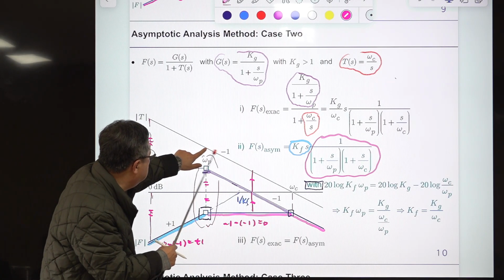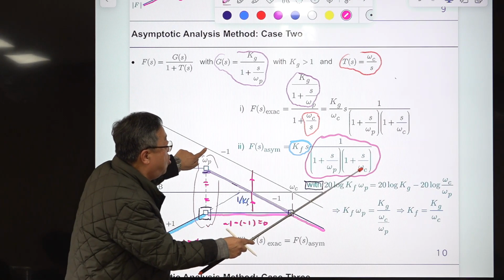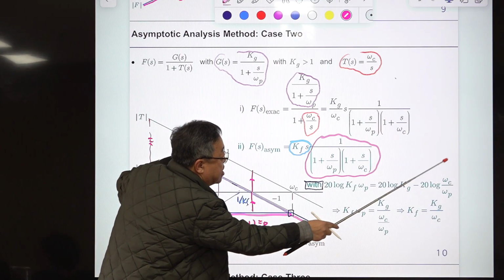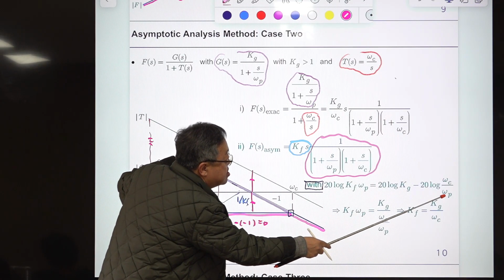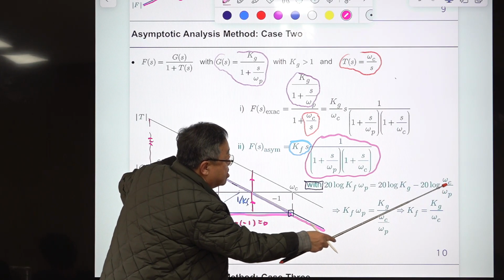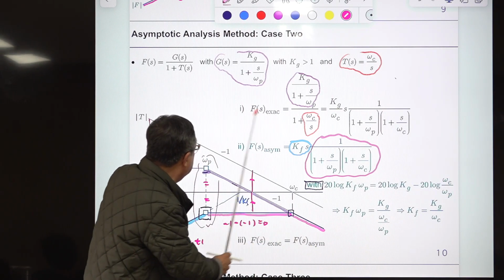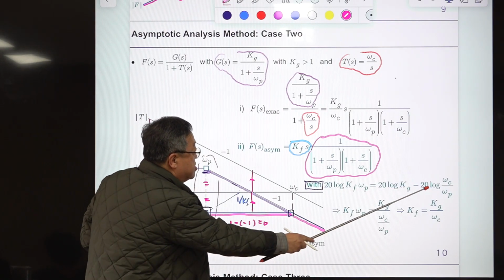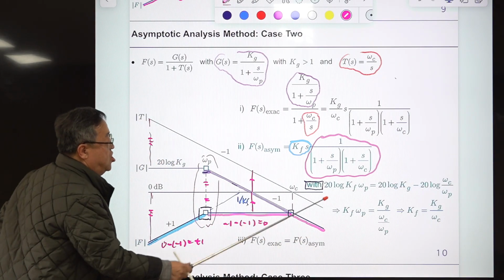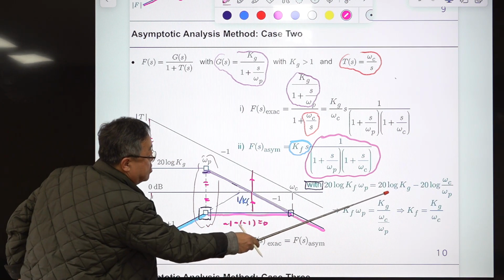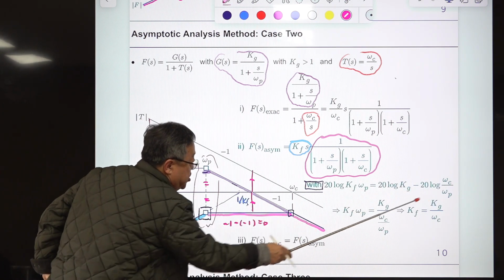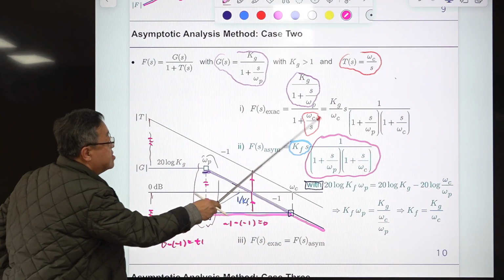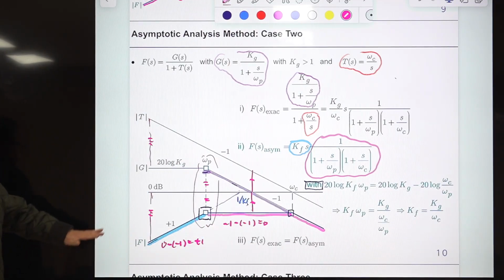So the equation of this is S divided by omega c, and you are evaluating omega c divided by S at that frequency, this omega p point. So we are subtracting this length, then we have this linear equation, kg divided by this, then KF is given by this, which is the same as this one. Okay, so you understand this.